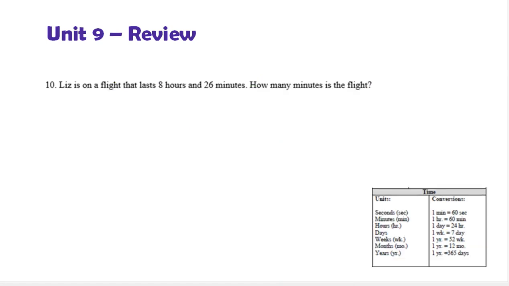Let's look at the next one. Liz is on a flight that lasts 8 hours and 26 minutes. And we want to know how many minutes is this flight. Okay. So this is a multi-unit conversion. We're starting with hours plus minutes. Okay, so when it says and, it really means plus in terms of addition.